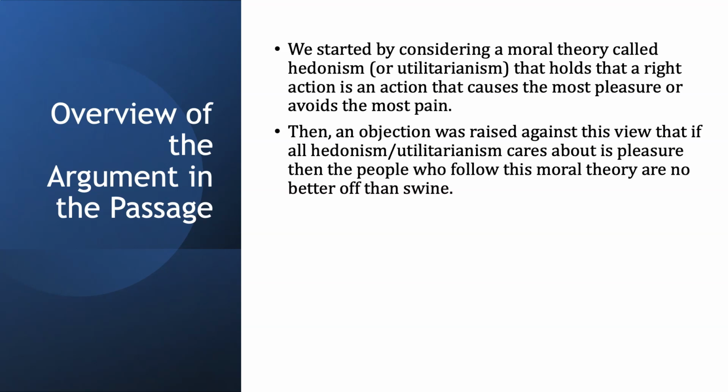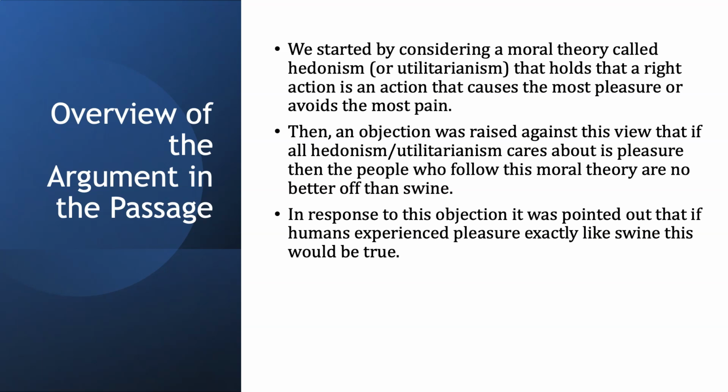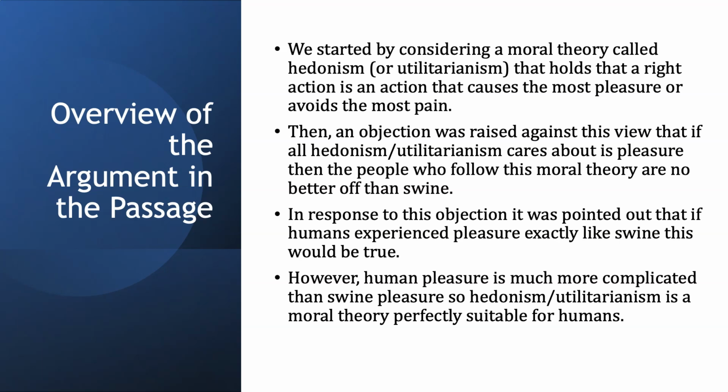Then an objection was raised against this view that if all hedonism or utilitarianism cares about is pleasure, then the people who follow this moral theory are no better off than swine. In response to this objection, it was pointed out that if humans experienced pleasure exactly like swine, this would be true. However, human pleasure is much more complicated than swine pleasure. So hedonism or utilitarianism is a moral theory perfectly suitable for humans.